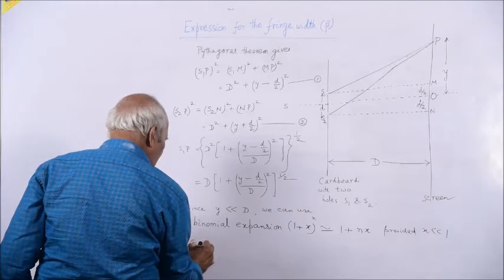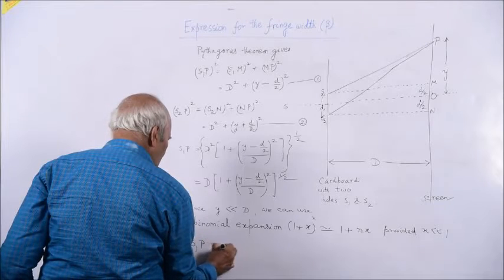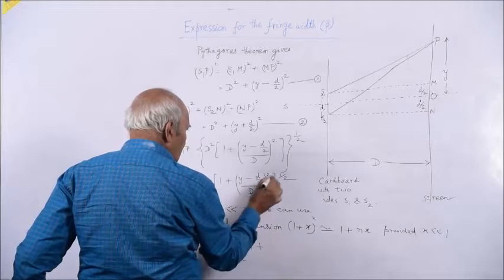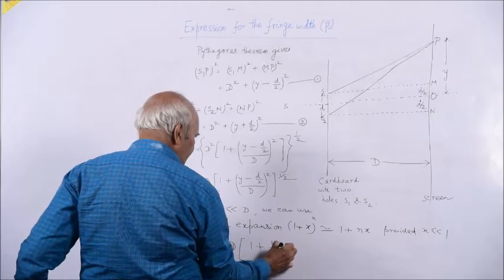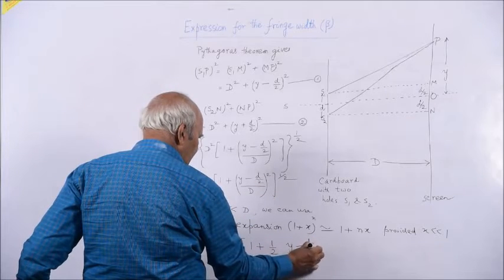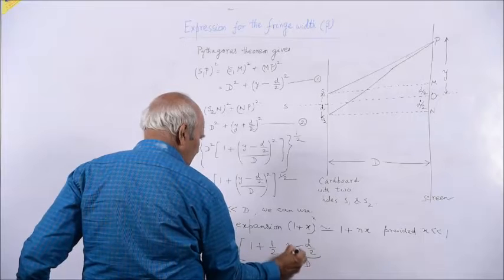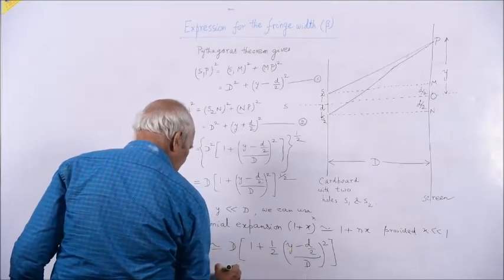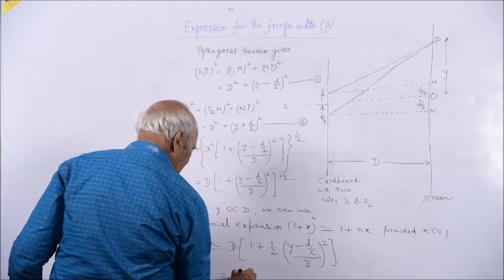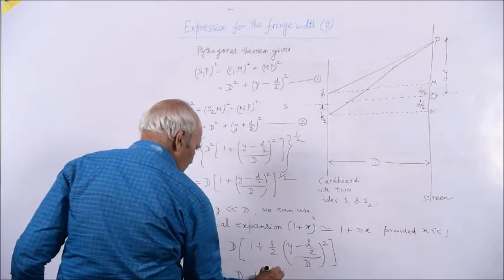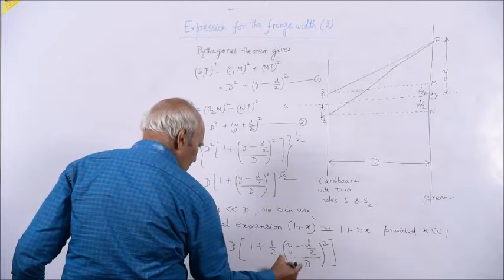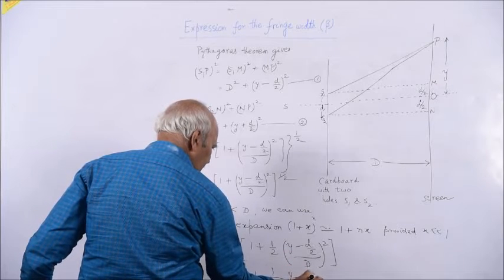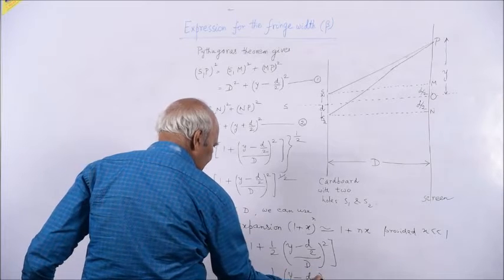So, here it is satisfying that condition. S1P is now nearly equal to D times (1 plus n, which is half, times ((y minus d by 2) by capital D) whole square). If you open it, it becomes D plus 1 by 2D times (y minus d by 2) whole square.